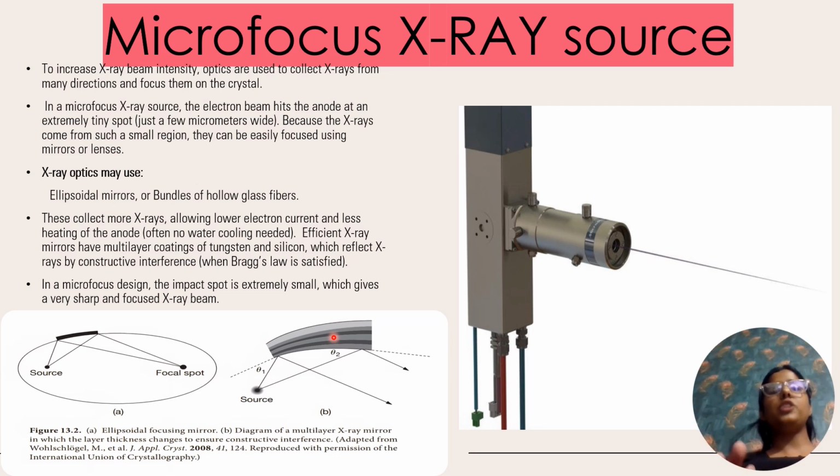So, which I have not mentioned here, there is the multi-layer X-ray mirror, which is made of tungsten and silicon. These mirrors have alternate thin layers of tungsten, high atomic number, and silicon, low atomic number. Why? The alternating layers create constructive interference for the specific wavelength of X-ray, just like Bragg reflection in crystals.